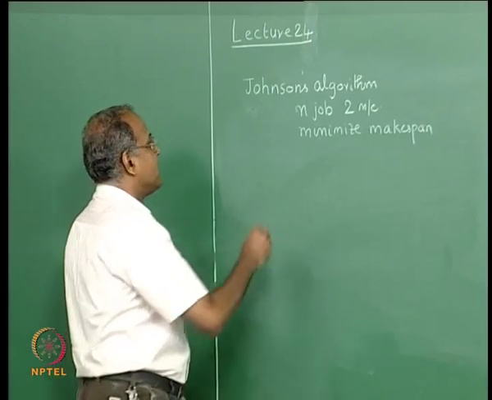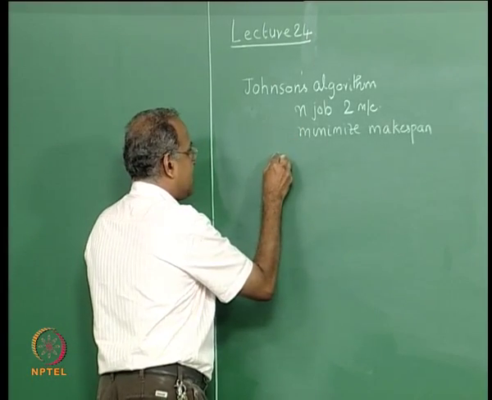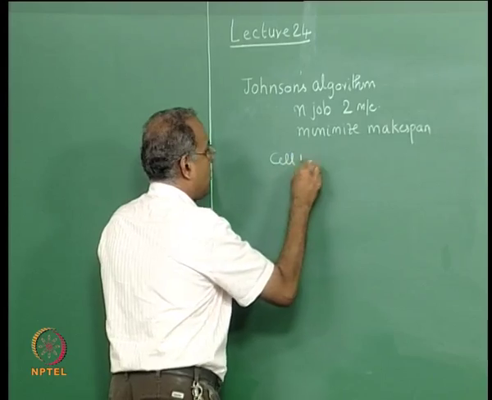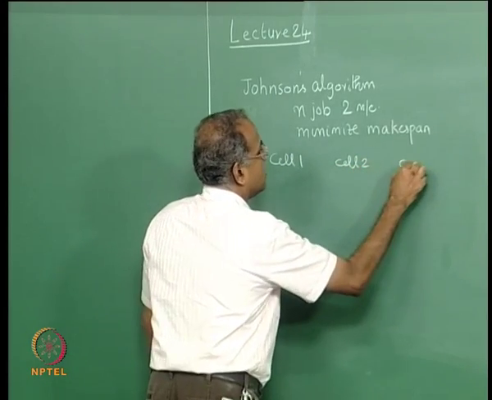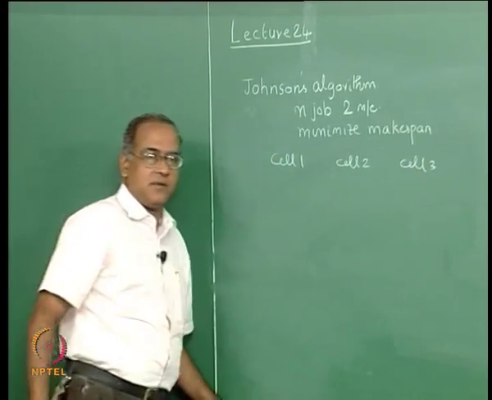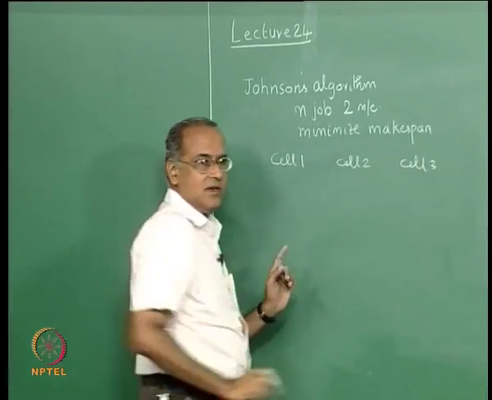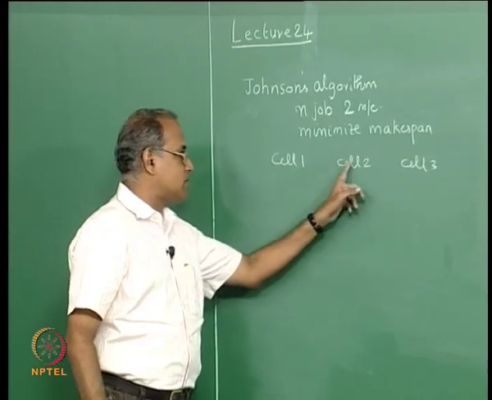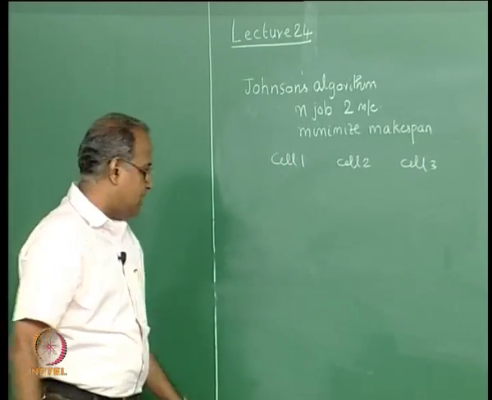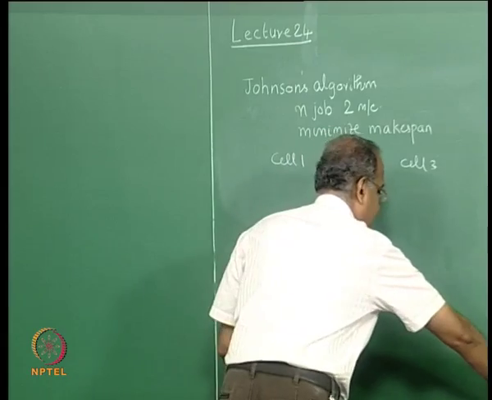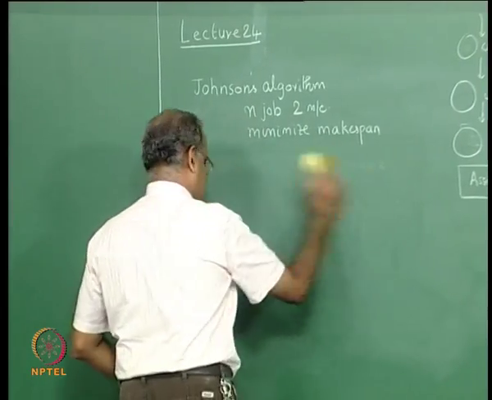If we have 3 machines or 3 cells, cell 1, cell 2 and cell 3, we could solve one Johnson problem with 1 and 3, and the other with 1 plus 2 and 2 plus 3. So, let us do that and then find out how the solution looks.